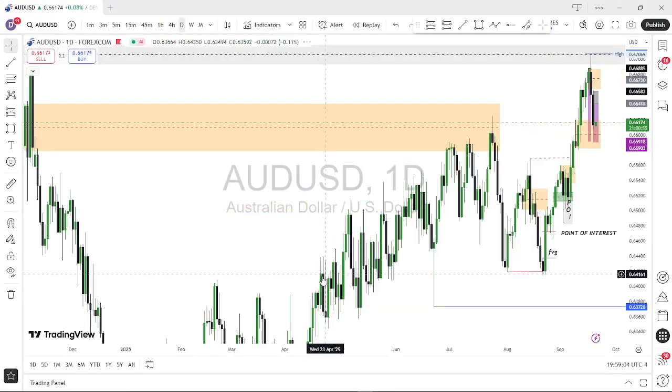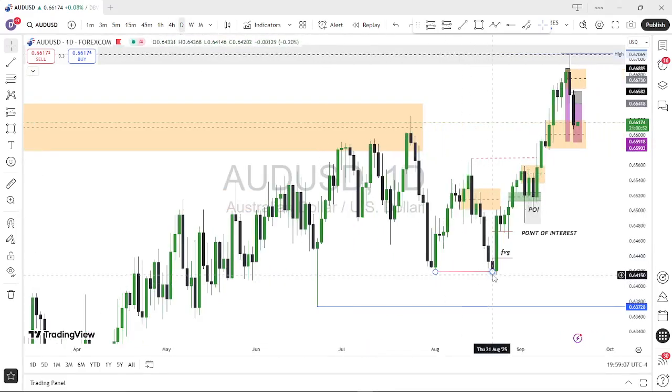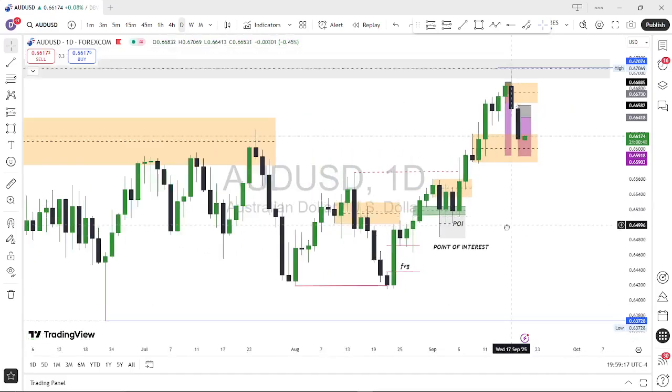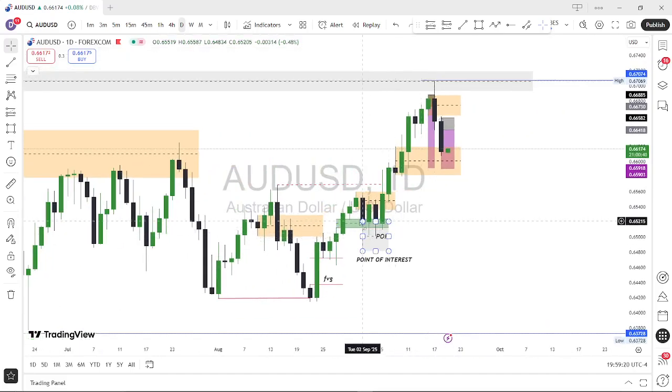So the market closed, the wick closed, rallied back up, created a fair value gap, gave us a bullish trend, came back, tapping right into this order block, gave us a trend again. Before the trend created a POI, the market tapped right into it, gave us another trend again.